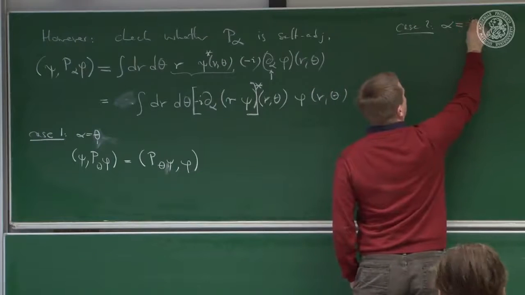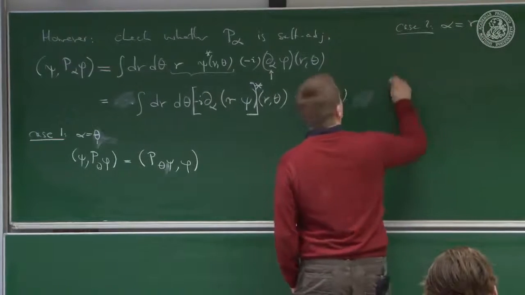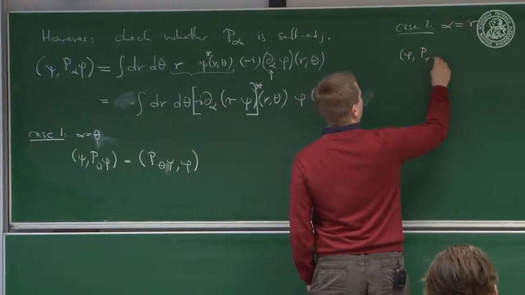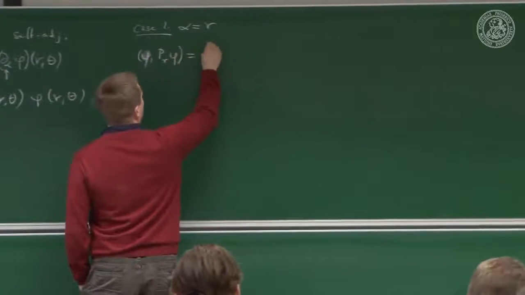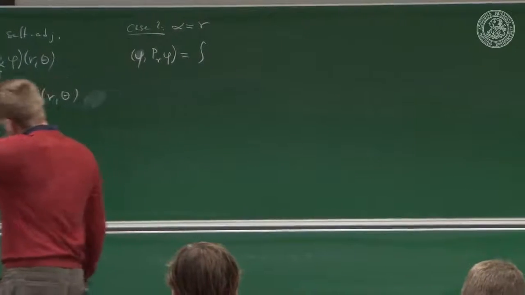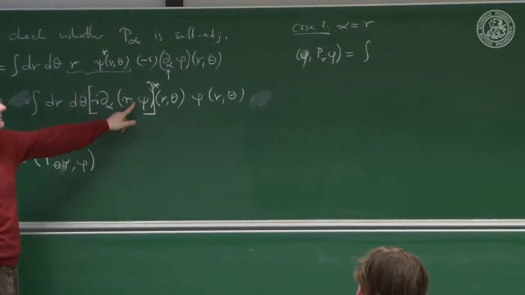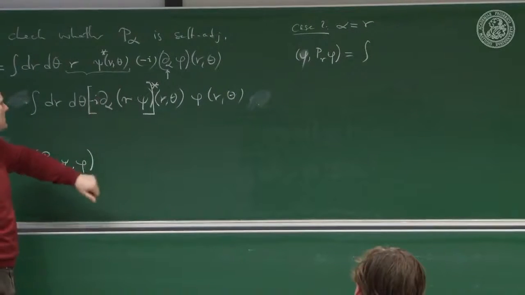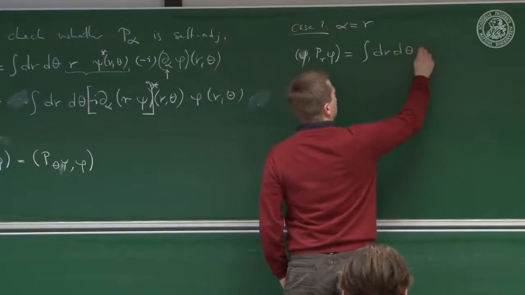But what about the other case, too? The α being the r itself. Well, in that case, we have ψ, P_r φ is the integral. And now I use the product rule here and split this into a part we would have expected and a part we didn't expect. So using the product rule, I have dr dθ r.